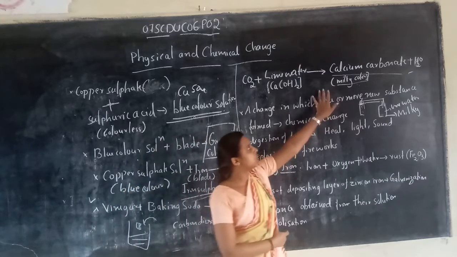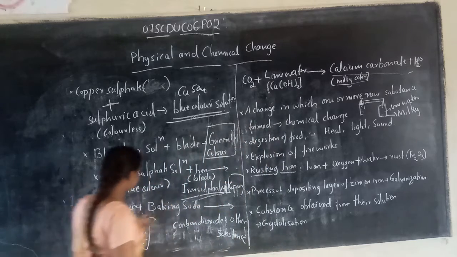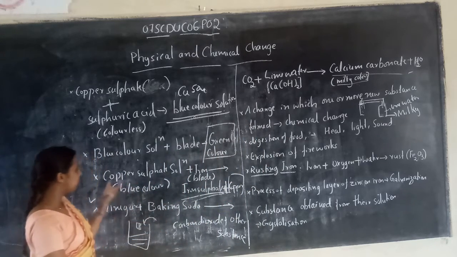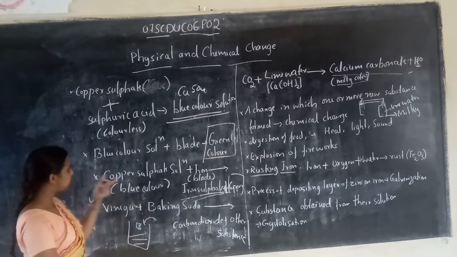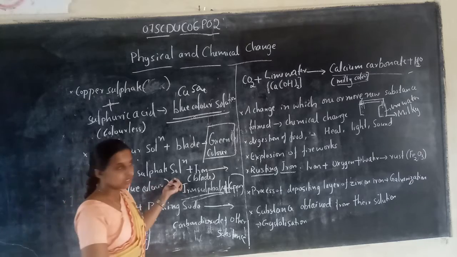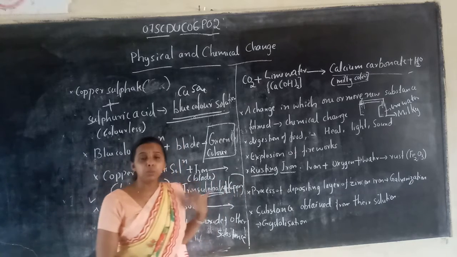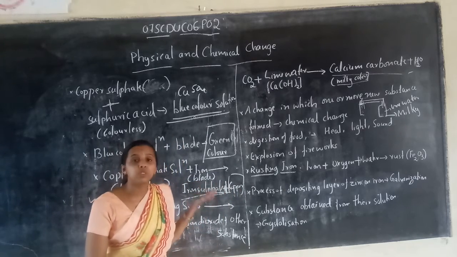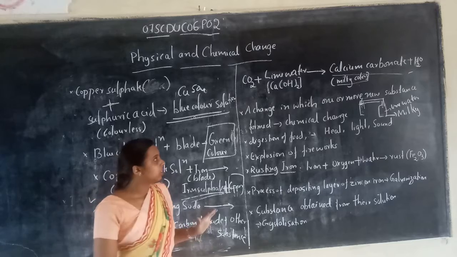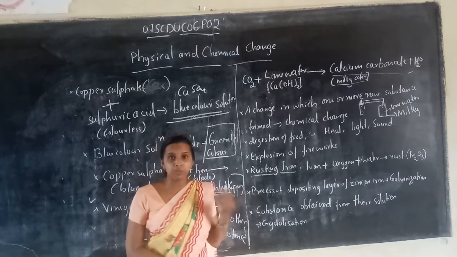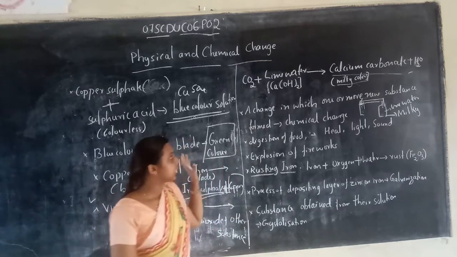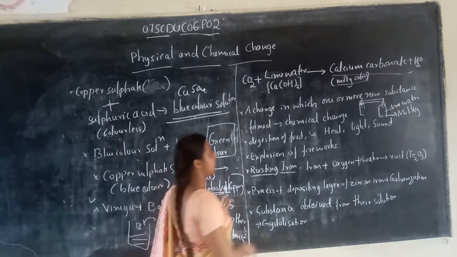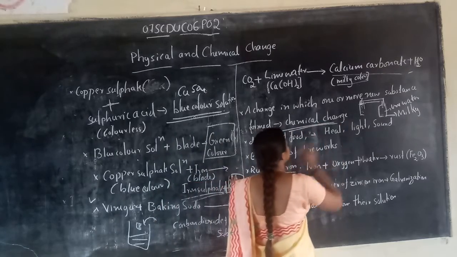Here, see, calcium carbonate is formed from the vinegar and baking soda. Here iron sulfate is formed from the copper sulfate and iron, right? So a change in which one or more new substances are formed from one substance is called a chemical change.